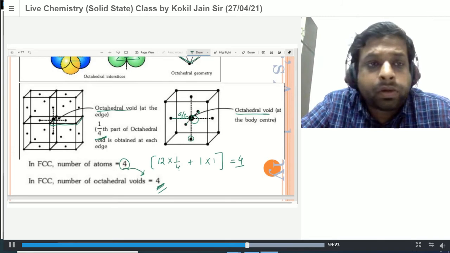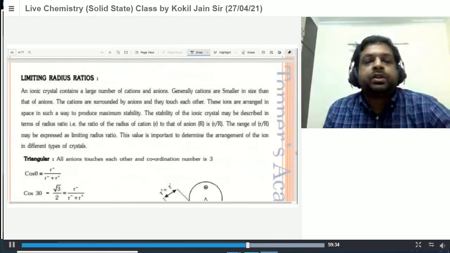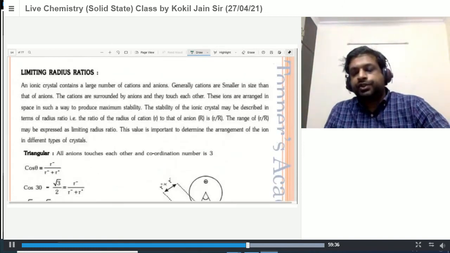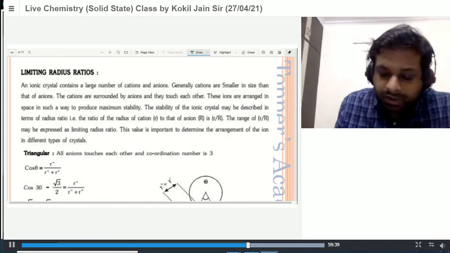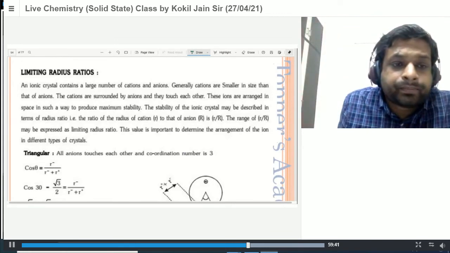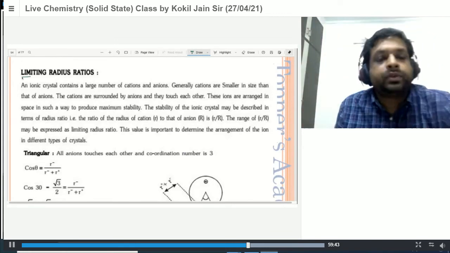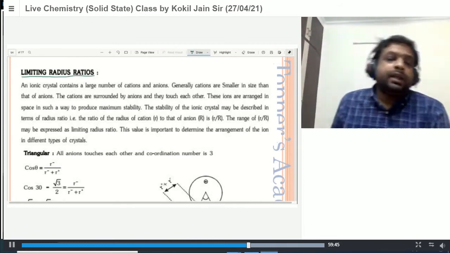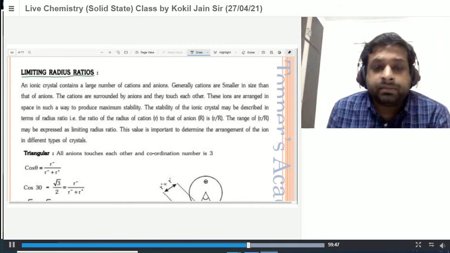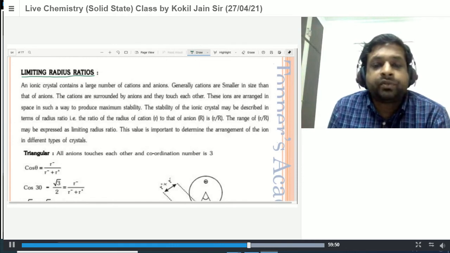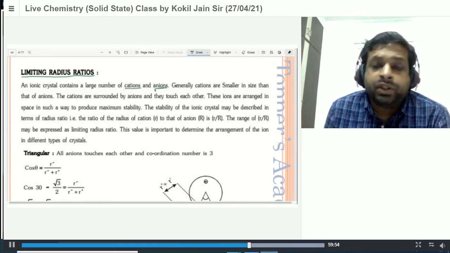Now let's see the next part here, the limiting radius ratio. In an ionic crystal, there is a large number of cations and anions.